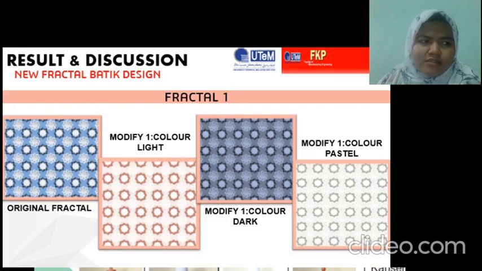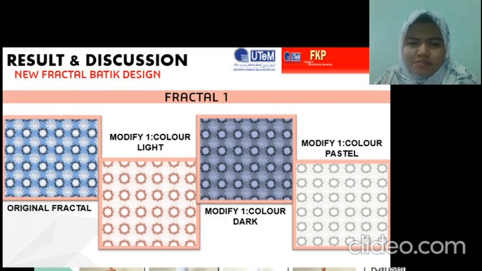And the other two fractals look like the same shape, because I did not have enough time to learn more about Photoshop, and that's why the shape is the same but a little bit different.